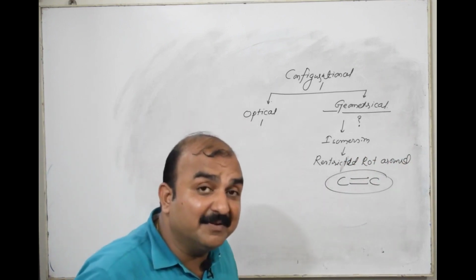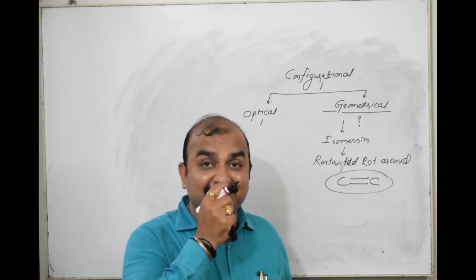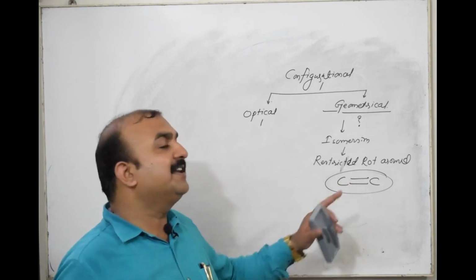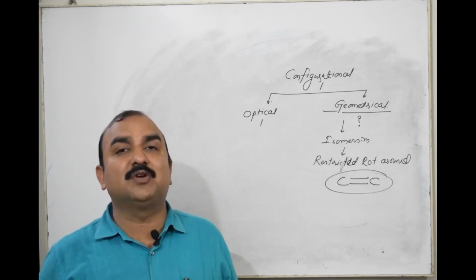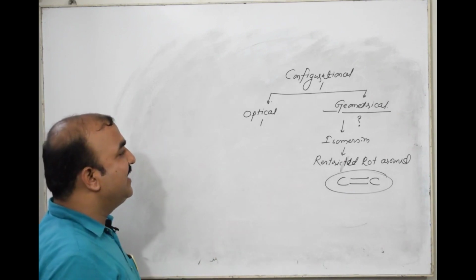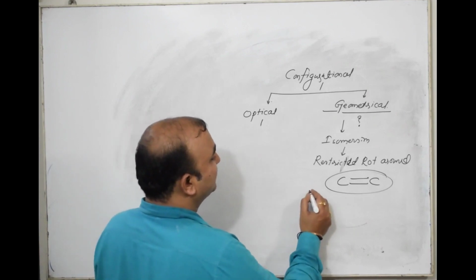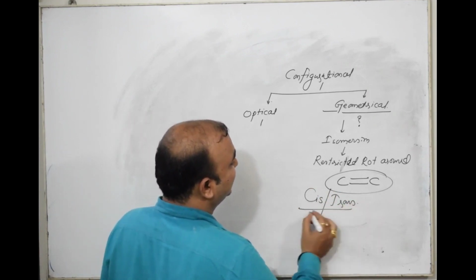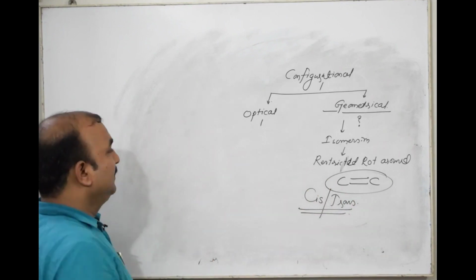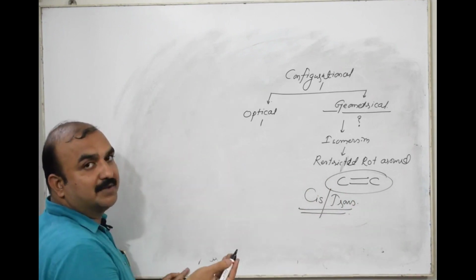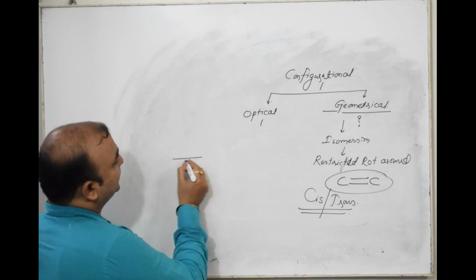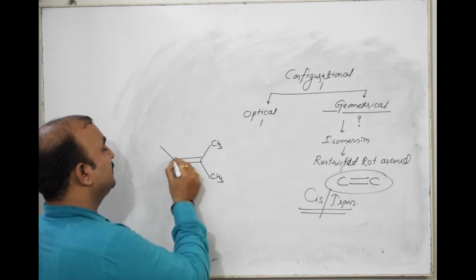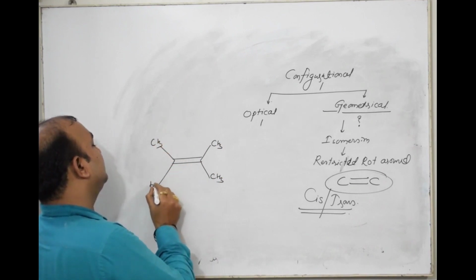Free rotation around a carbon-carbon single bond is known as which isomerism? Conformational. And restricted rotation around a carbon-carbon double bond is geometrical isomerism. Now geometrical isomerism is also known as cis-trans isomerism. Very interesting. You know which compound will show geometrical isomerism? Very interesting. Please see, this is CH3, this is CH3, this is CH3 and this is H.